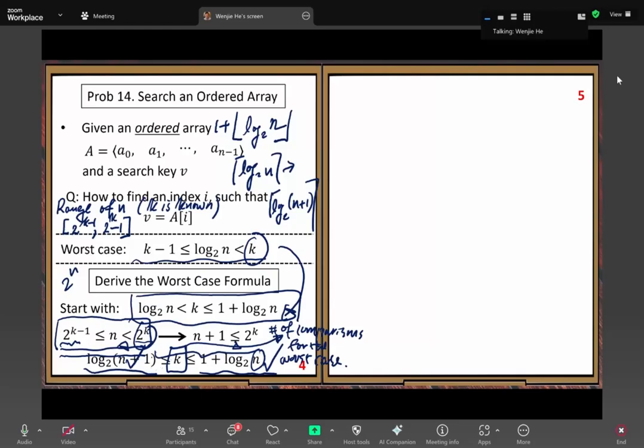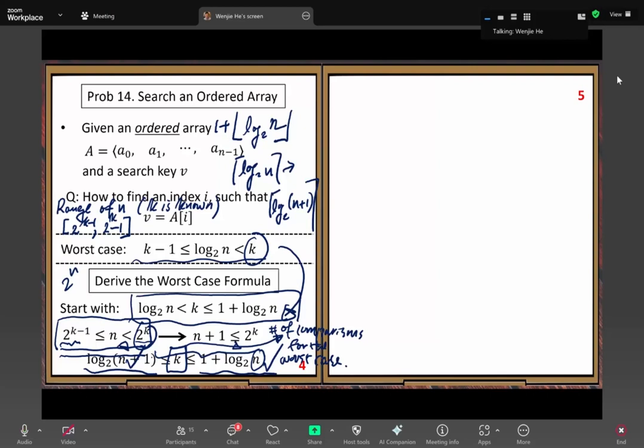Now, when we use an integer expression, we want to use the ceiling function. Because this expression is less than or equal to k, and k is an integer, its ceiling is also less than or equal to k.